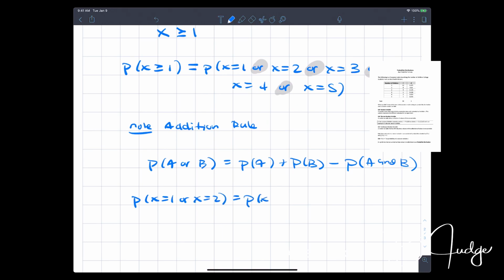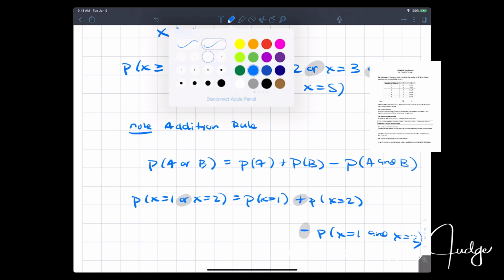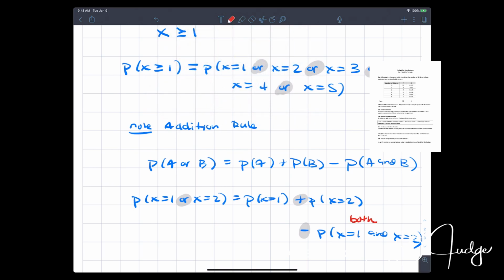You say, Mr. Judge, is that the probability you have 1 plus the probability you have 2, minus the probability you have 1 and 2? I'm just going to simplify the question here. This is an OR question, which means we add and we subtract. And over here, this means both. You guys remember that? Probability of both.